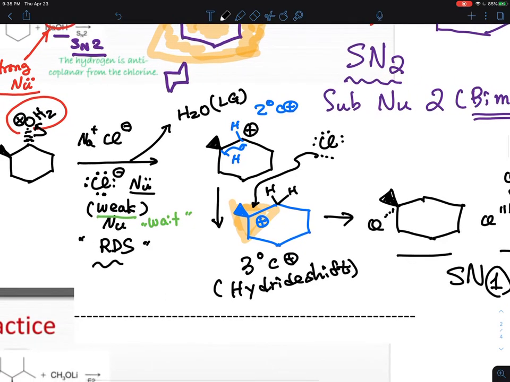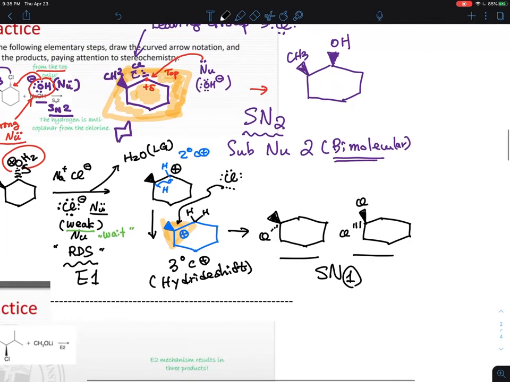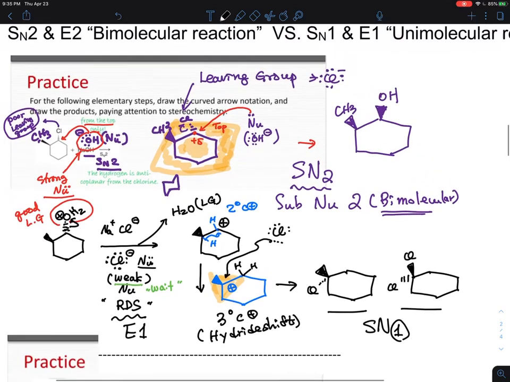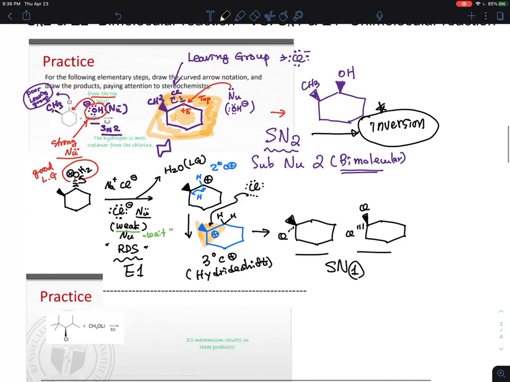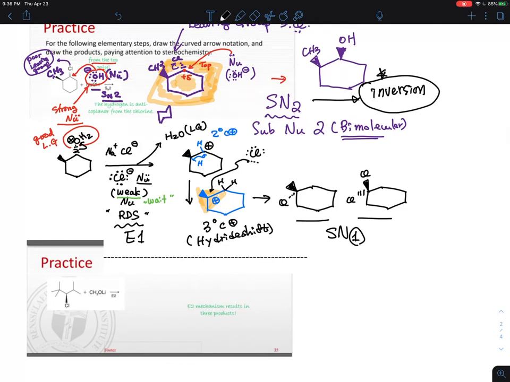The rate determining step is carbocation formation, and then you make a mixture of these two. Whereas with SN2, the key is inversion. It's more like flipping an umbrella, and that has been discussed in Dr. Ma's class.